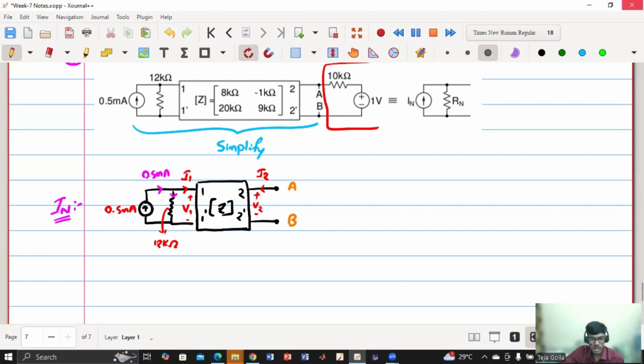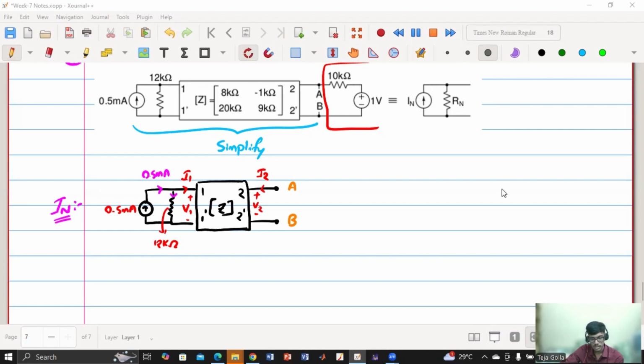If I have given you a circuit and asked you to apply Norton's theorem across two terminals, how will I find the Norton current? Forget about two ports, some random circuit with terminals A and B. Thevenin voltage and Thevenin resistance? No, we are finding Norton current, right? Why is Thevenin coming?